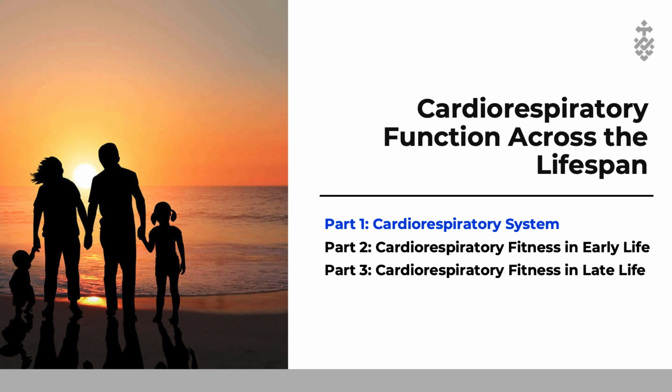So we should all know that the cardiorespiratory system consists of the heart and the blood vessels, and they work together with the respiratory system, which includes the lungs and the airways. Together, this cardiorespiratory system carries oxygen to the muscles and the organs of the body and removes waste products, including carbon dioxide.